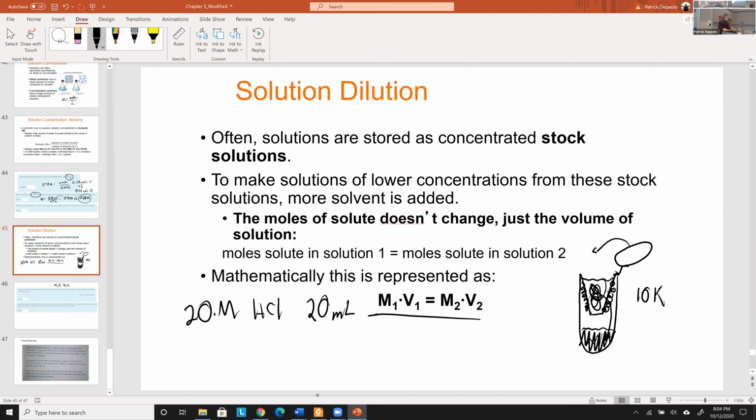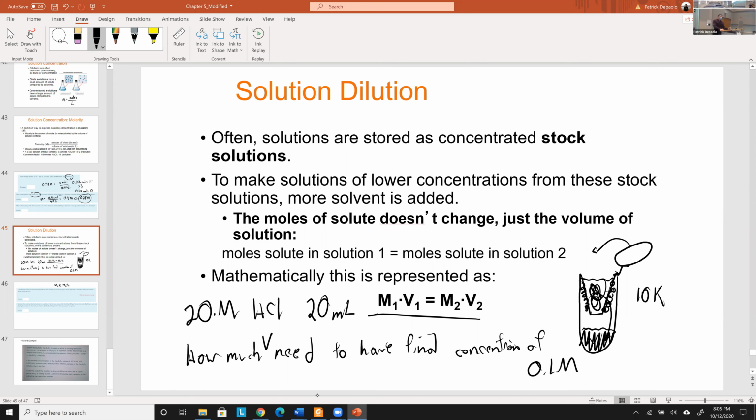How much volume do you need to have a final concentration of 0.1 molar?